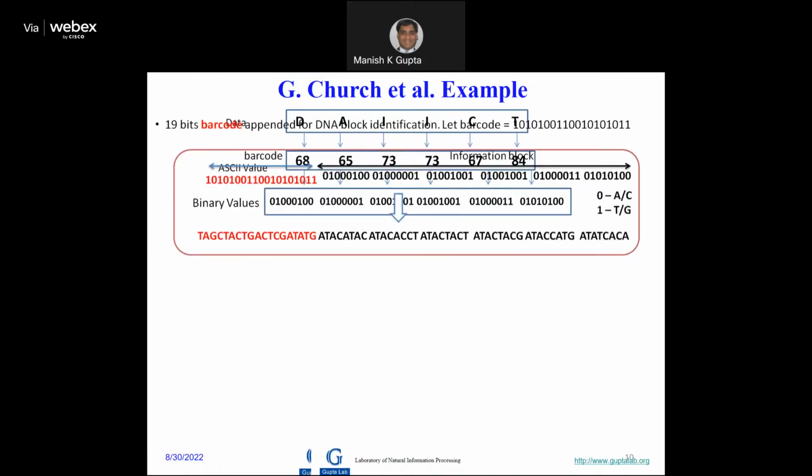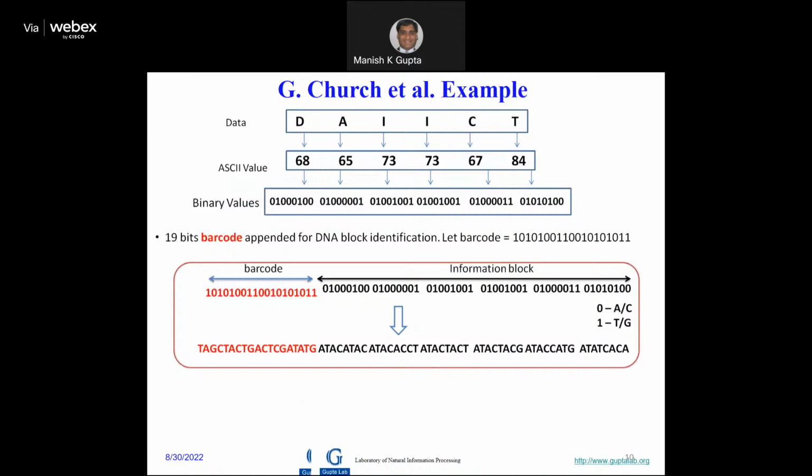In the Church example, this is just a symbolic representation, not an actual example, but I'm showing you. Say the values are these, and you can find the binary values accordingly. A 19-bit barcode is appended for DNA block identification, so I have assigned some random block barcode here.